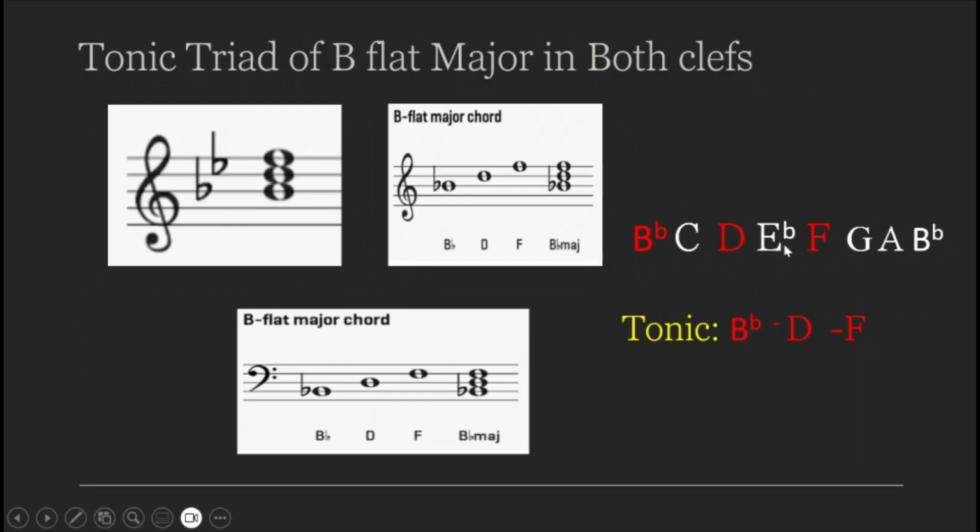Because all the B's need to be flattened. That's a good one. Because F major has a flattened B, so all the B's in the key signature will inherit that B flat.